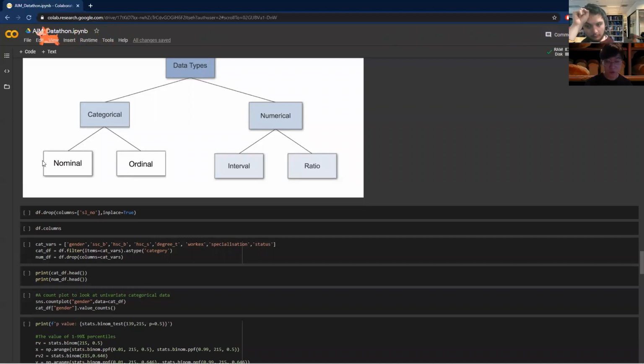But if it's ordinal, then there is some order there. So once again, like movie rating, A, B, C, you can't label C as 2 and A as 1. It doesn't make sense because A has to come after, if that makes any sense. So there has to be some order in that data when you're dealing with it.